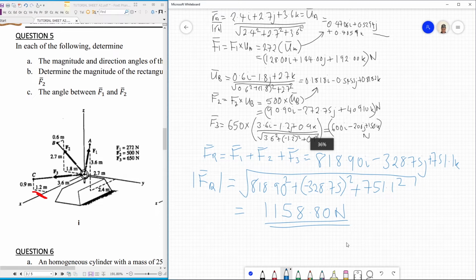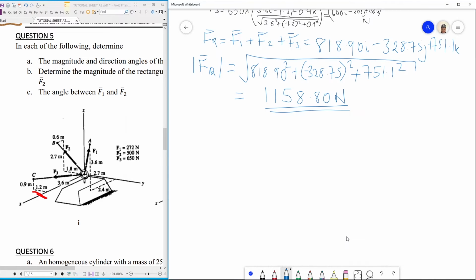The direction angles, let's find the direction angles now. For this, we have the magnitude and we have the components, so it's not a problem.